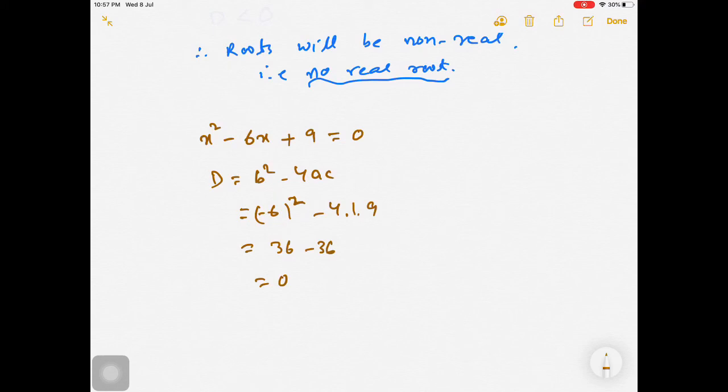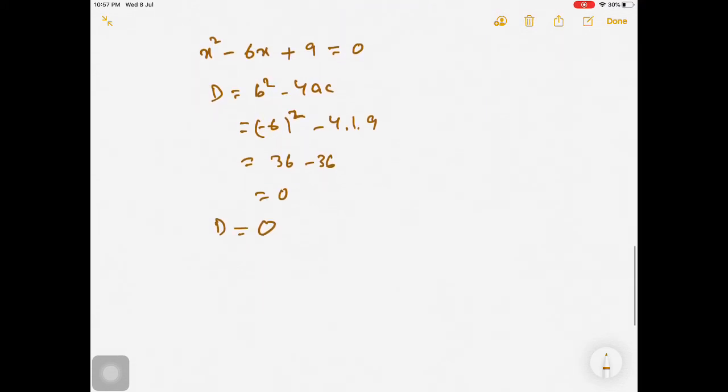So here D equal to 0. That means we shall get two equal real roots. So roots will be real and equal.